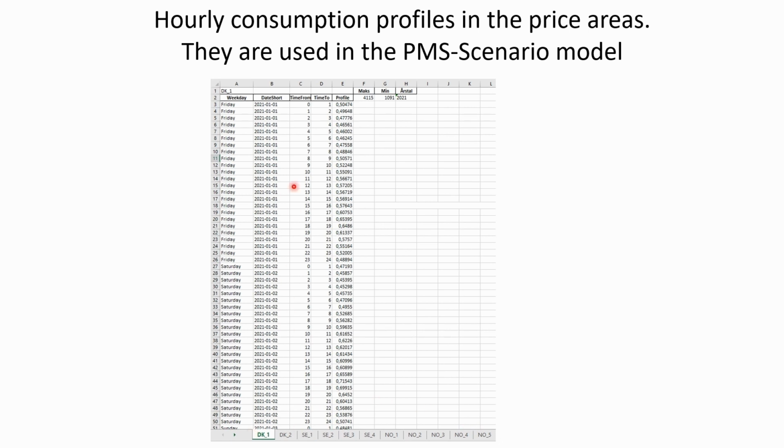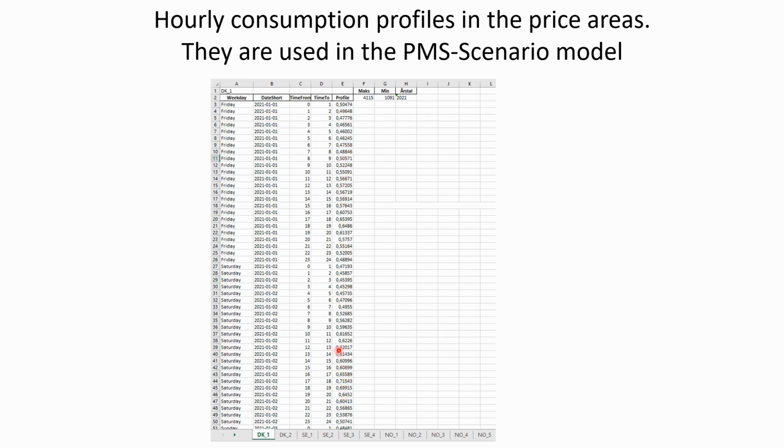So now we have the maximum demand in, for instance, DK1. This is the maximum demand, the minimum demand. This is the year we have the data from, and this here is the profile.